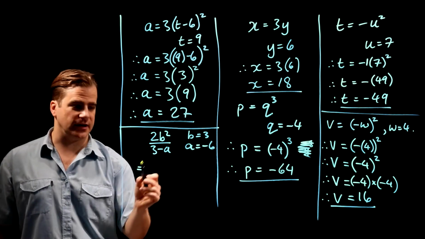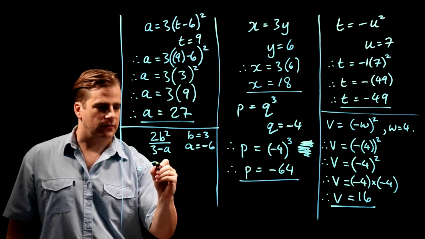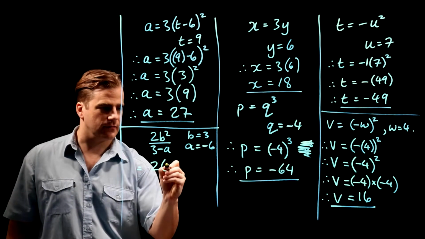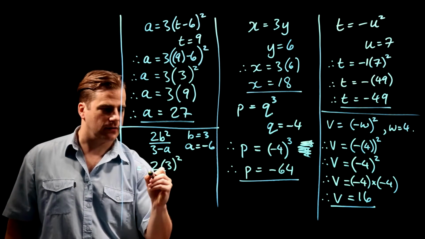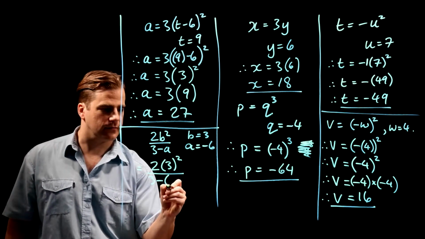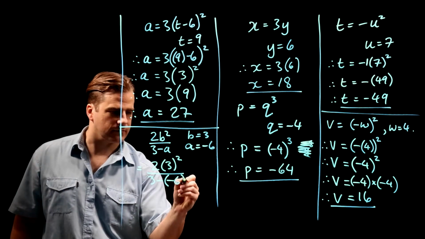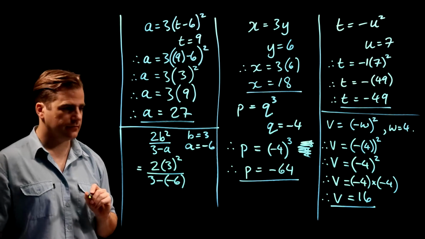So this expression equals, let's sub these values in, 2b is 3 squared over 3 minus, brackets to sub in, a is minus 6. Okay?